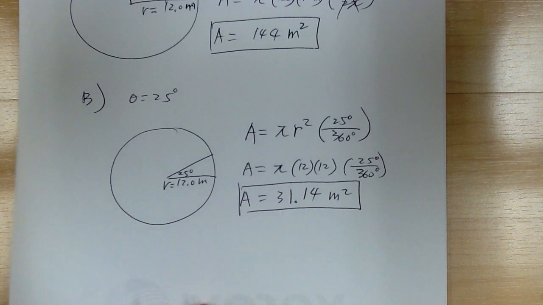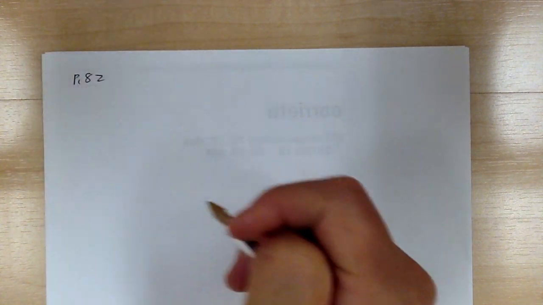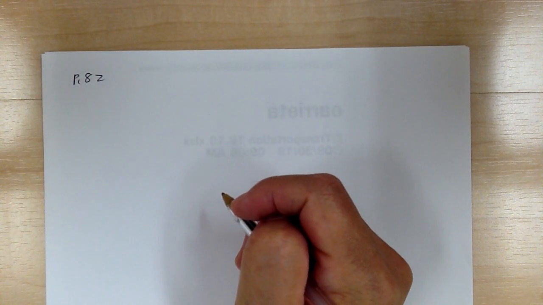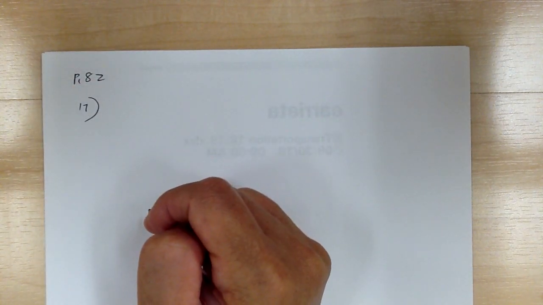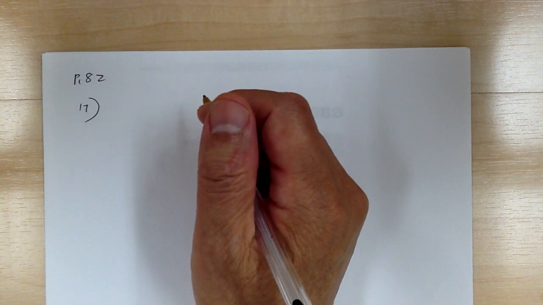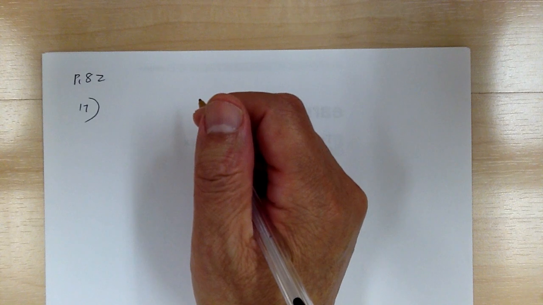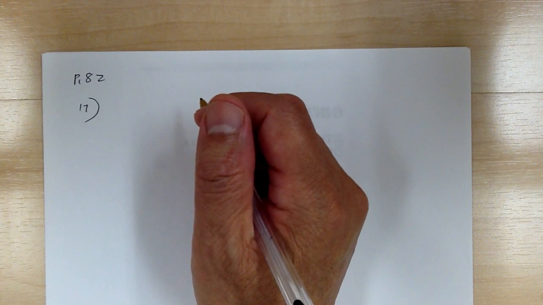Okay, let's go to page 82 and do number 17. Page 82, number 17. They give you the instruction and the information, and you have to find the exact value of the other ones.